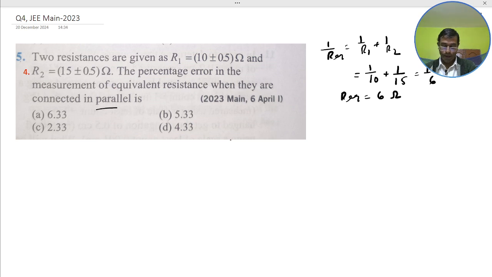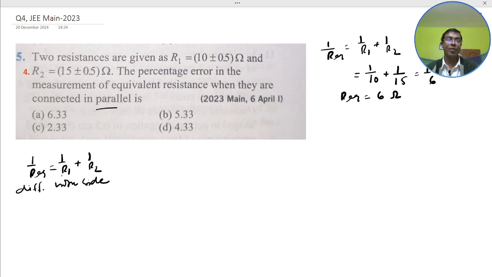So error calculation: you just differentiate 1 by R equivalent is equal to 1 by R1 plus 1 by R2. Differentiate both sides.